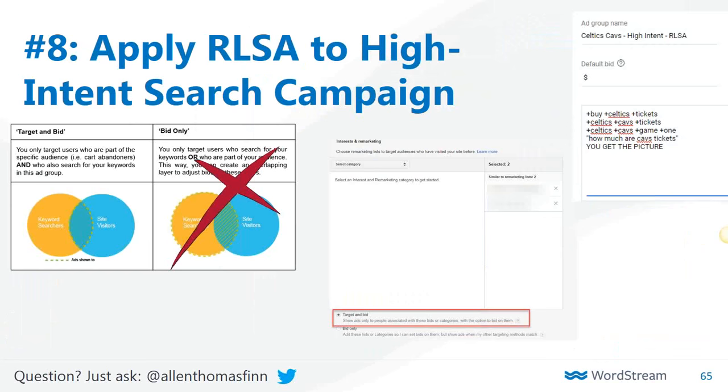To do this, you're going to go to the interests and remarketing section in your AdWords campaign, and you're going to select target and bid instead of bid only, as you can see at the bottom of the screen, for your highest value terms like buy Celtics tickets, Celtics Cavs tickets, Celtics Cavs game 1, how much are Cavs tickets, etc. This will allow us to weed out people who are just browsing and focus exclusively on searchers who are ready to make a purchase.